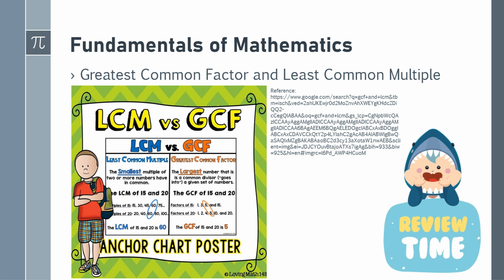However, on the other hand, the GCF refers to the largest number that is a common divisor or factor. Take note of the word, it can refer to the factor, not just only divisor, of a given set of numbers. Say for example, again, we have 15 and 20. So we list all the factors instead of multiples. So we list all the factors of 15 as well as 20. So factors of 15 are 3 and 5.